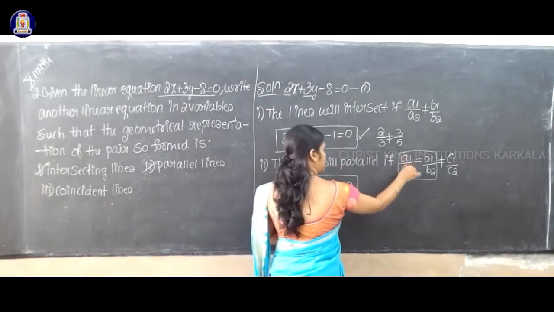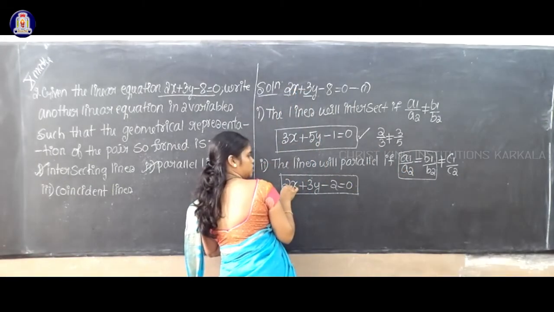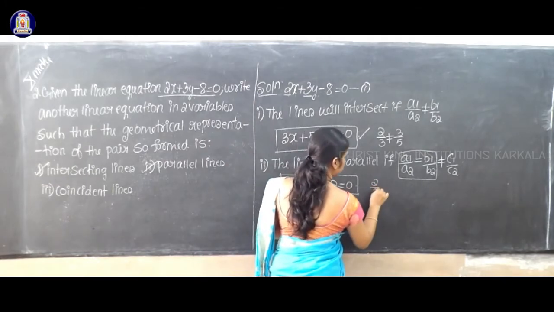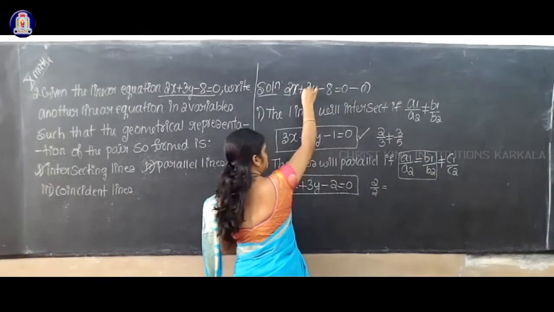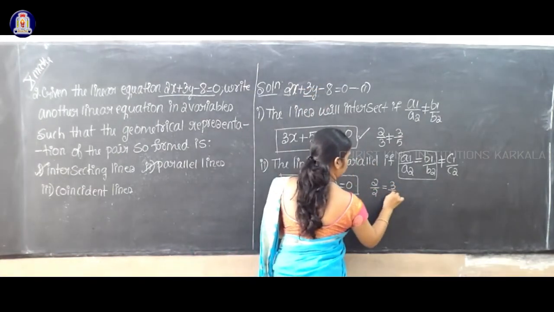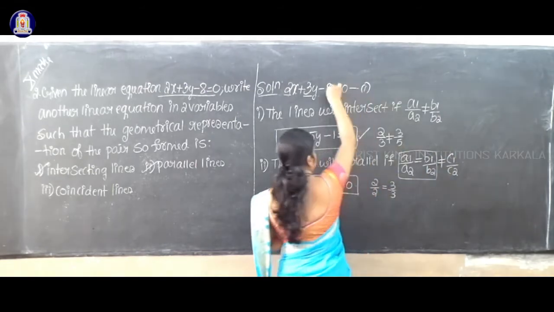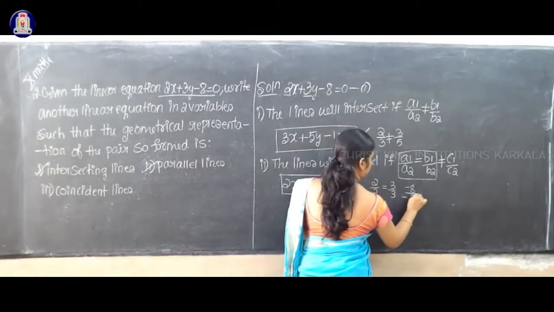So a1 by a2: a1 is 2, a2 is 2, so 2 by 2. Next, b1 by b2: b1 is 3, b2 is 3. Next, c1 is minus 8, c2 is minus 2.